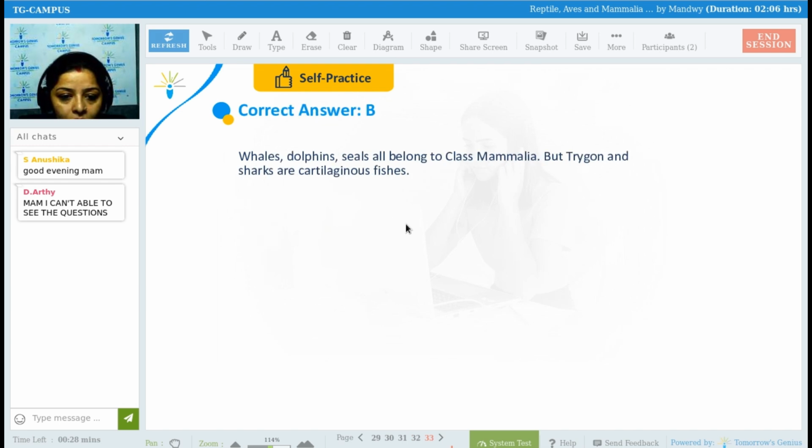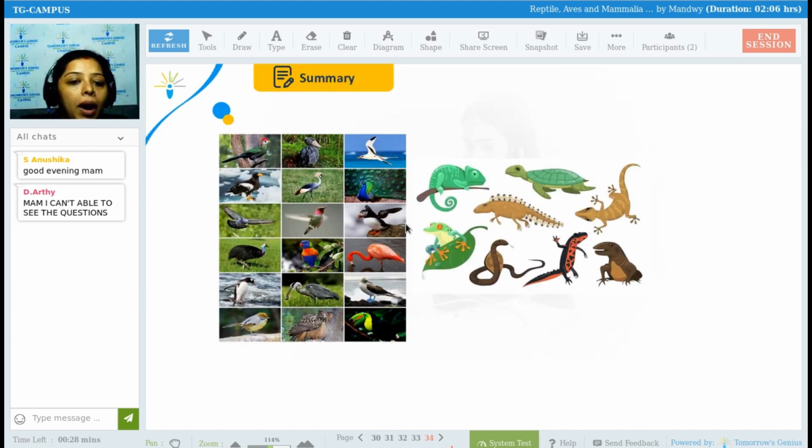Okay, so this is all about the aves, the characteristics, their feathers, their wings, forelimbs modified into the wings. They are having digits, hind limbs covered by the scales and not the feathers, right? They are having claws with the nails.